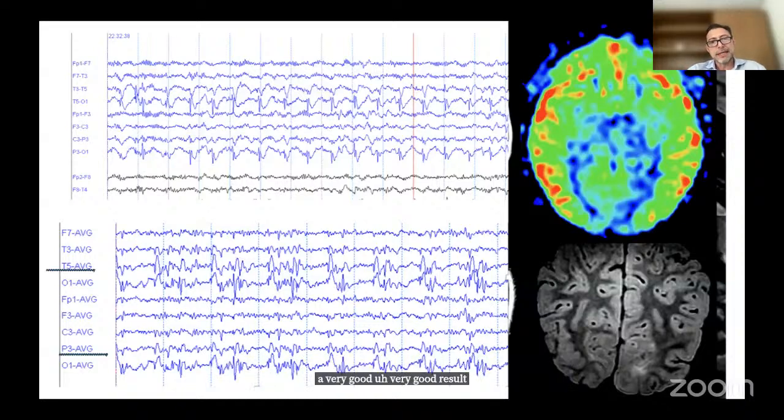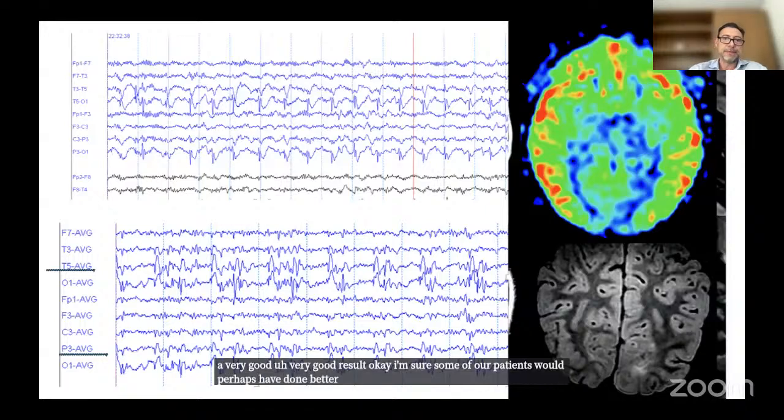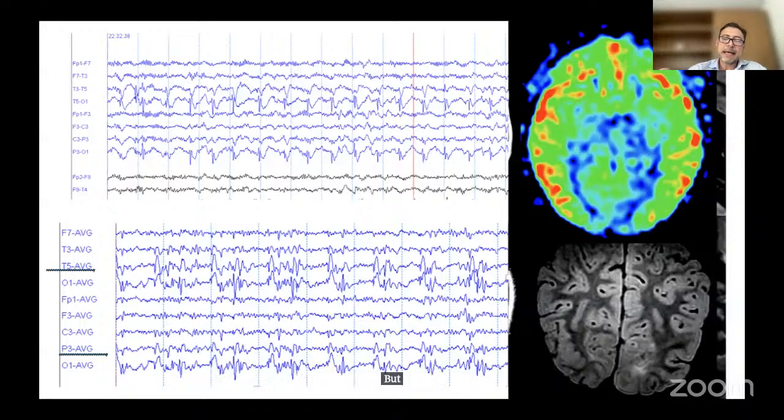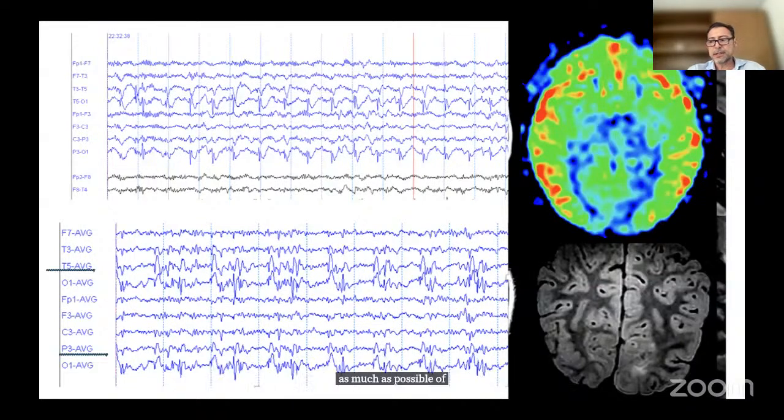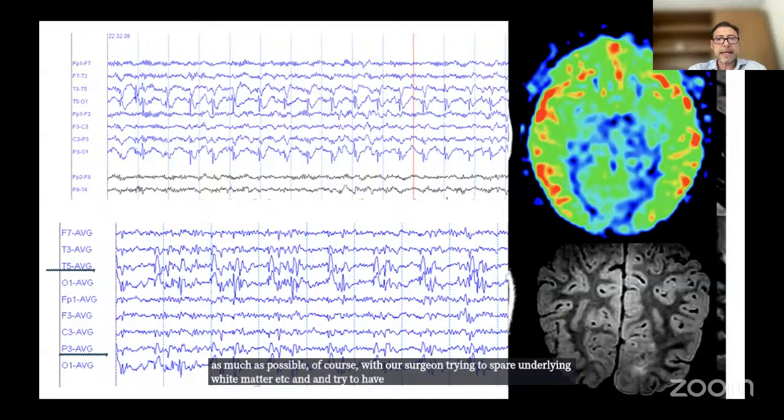Okay, I'm sure some of our patients would perhaps have done better if we could have done SEEG, but in many patients you achieve the same result with one method or the other, particularly if you also learn how to do intraoperative localization of particularly the primary motor cortex, which we do with intraoperative cortical stimulation. And then we try as much as possible, of course, with our surgeon, to spare underlying white matter, etc., and try to have as good results as we can.